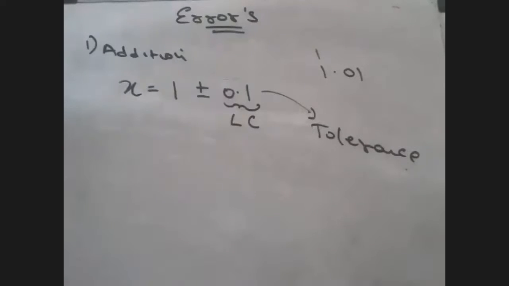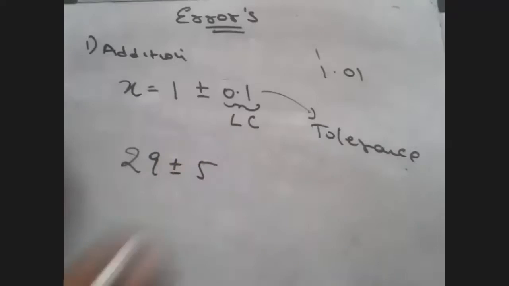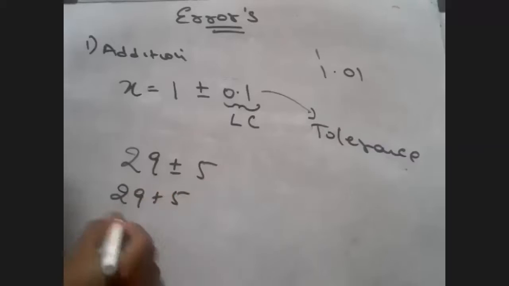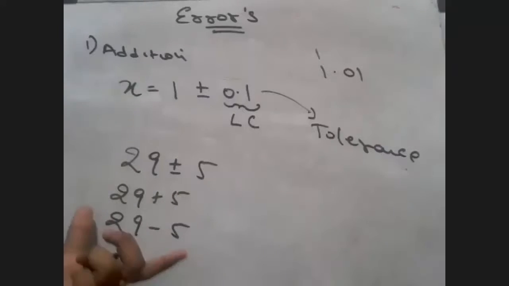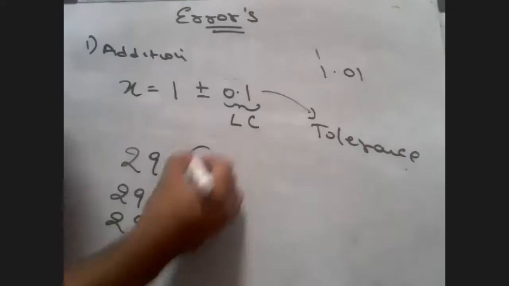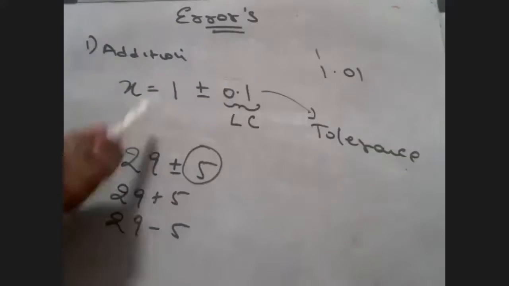When you go to Chroma and buy a TV, if the salesperson tells you that your TV is 29 inches plus or minus 5 inches, that means your TV can be either 29 plus 5 or 29 minus 5. You understood, no? That much difference can be there. That means you'll have to tolerate this much error. That's a lot. 5 inches is a lot of error. Anyways, you understood this, no?